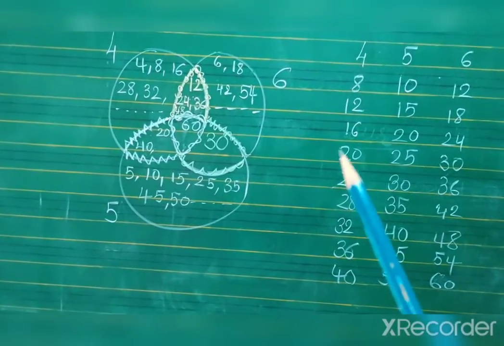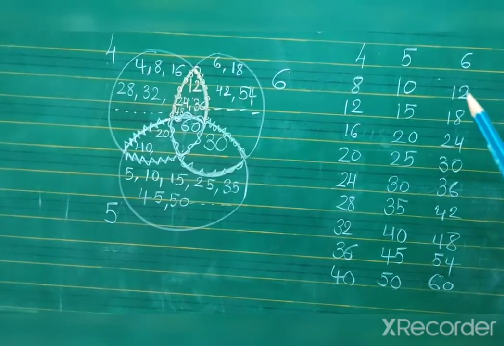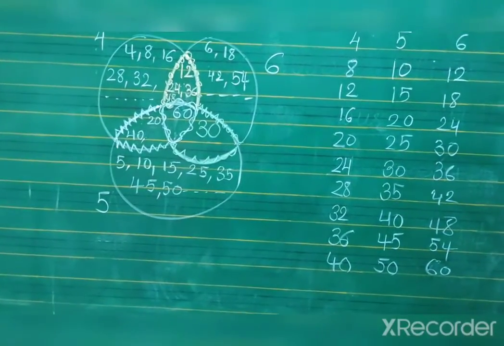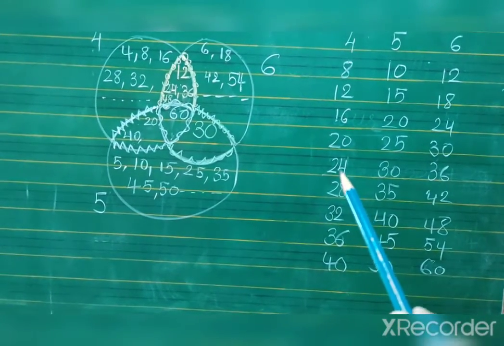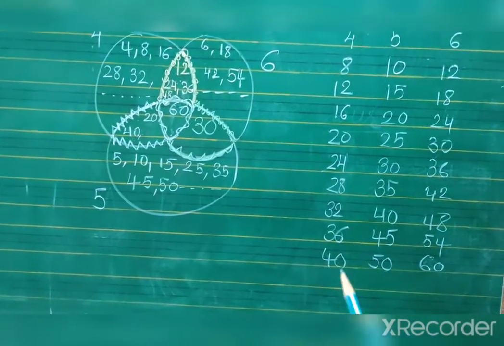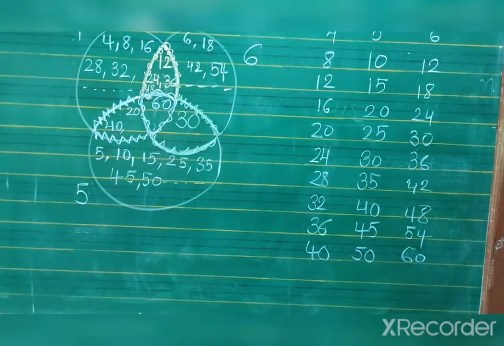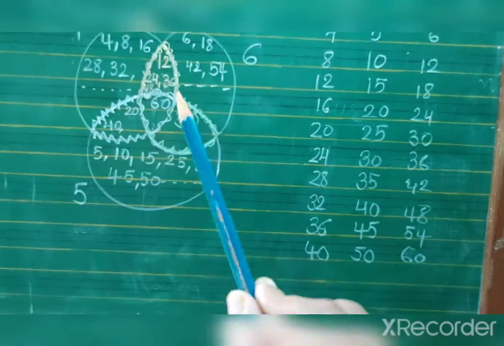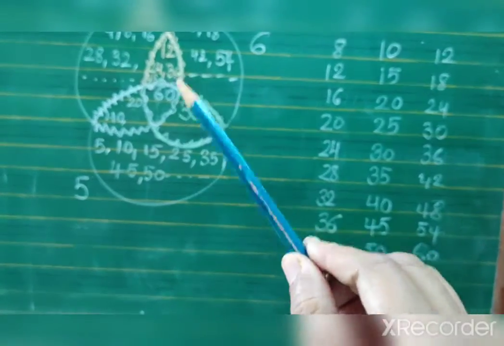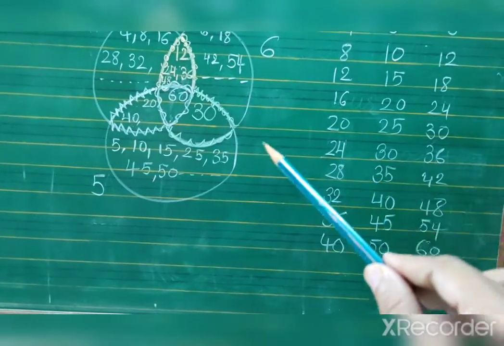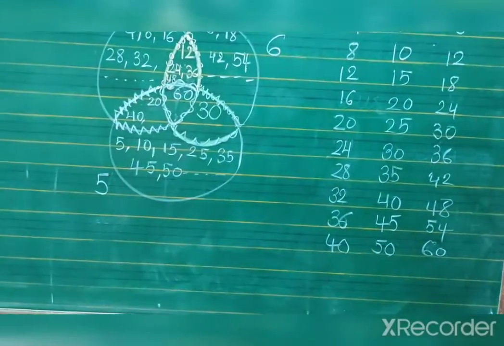So among the multiples you can see the common ones: 12, 12, then 24, 24, then 36, 36. So 12, 24, 36, 48 and so on.